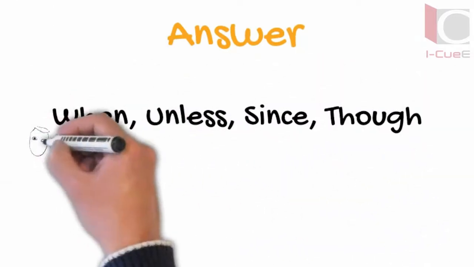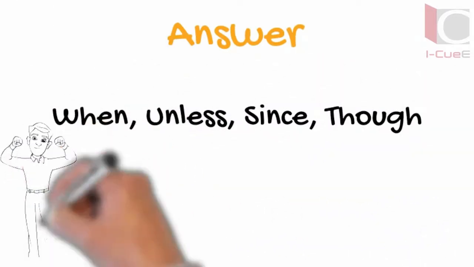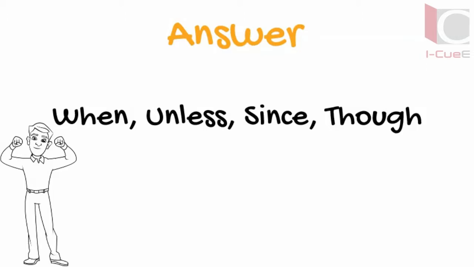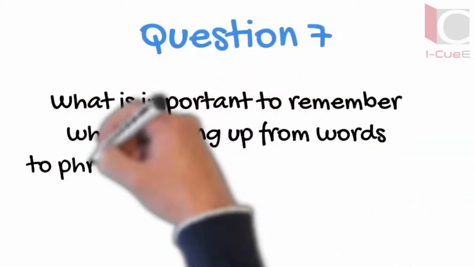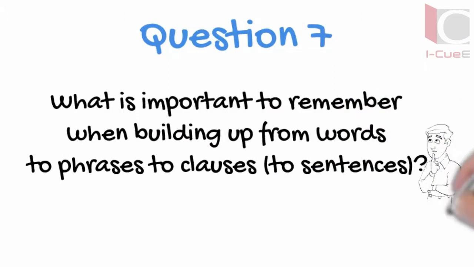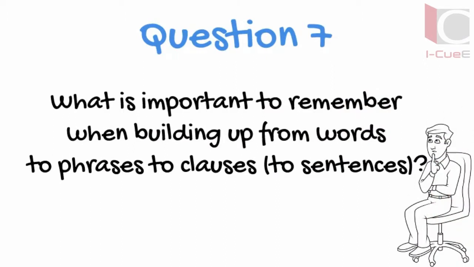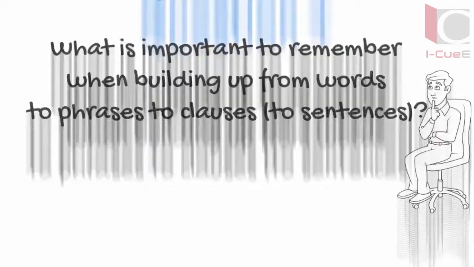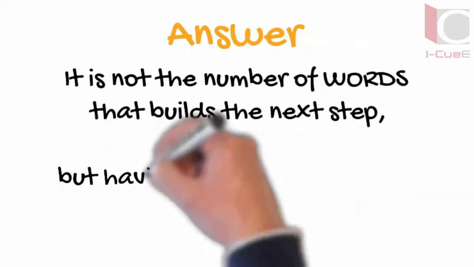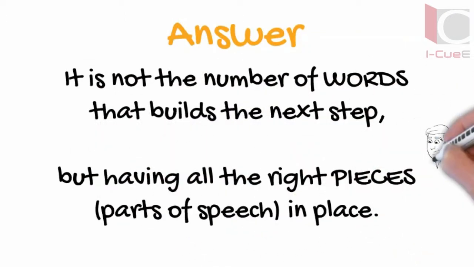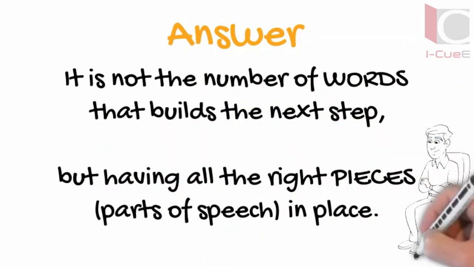When, unless, since, though. What is important to remember when building up from words to phrases to clauses to sentences? It is not the number of words that builds the next step, but having all the right pieces, parts of speech, in place.